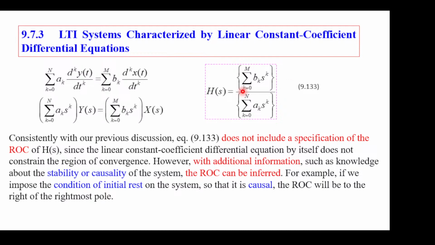But just as we say, in chapter 4 we kind of assumed it's a stable causal system, although we didn't say so. In chapter 4 we said it's initial rest, so we are assuming it's causal, but actually you are also implicitly assuming it's stable, so that you have an inverse Fourier transform, right?